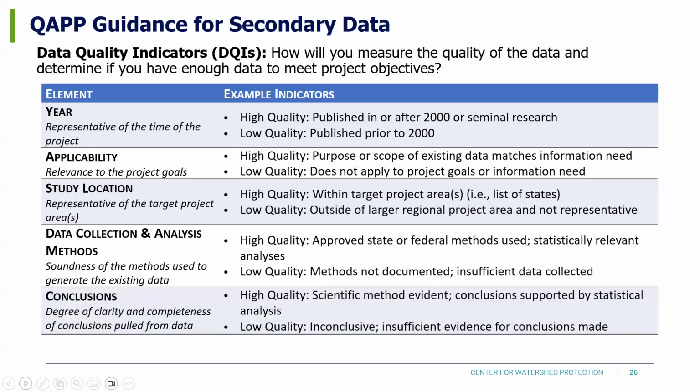Then moving on to conclusions, which was defined as the degree of clarity and completeness of the conclusions pulled from the data. For them, high quality data was where the scientific method was evident and the conclusions were supported by statistical analysis. Low quality was inconclusive conclusions and insufficient evidence for any conclusions that were made.